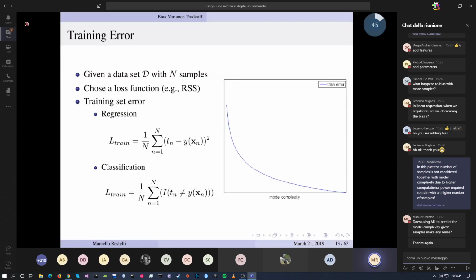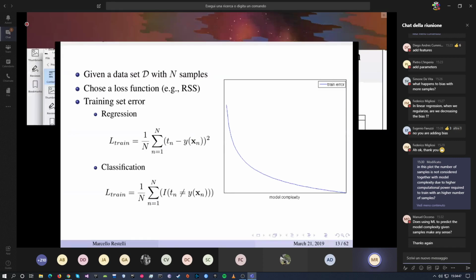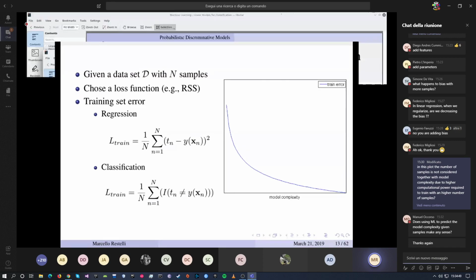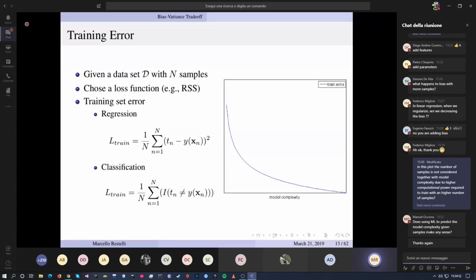And you know that if I increase the model complexity, so I add more and more parameters, the train error will always decrease. If you recall the example with the linear regression case, with the polynomial features, we were able to put the train error to 0 when we used a number of parameters equal to the number of samples, because we found the interpolating polynomial.